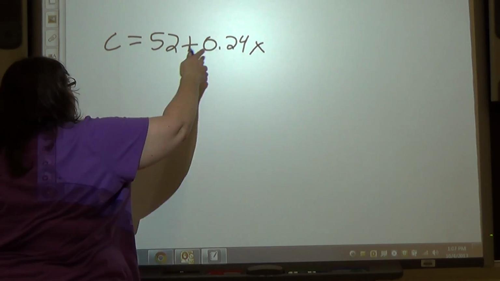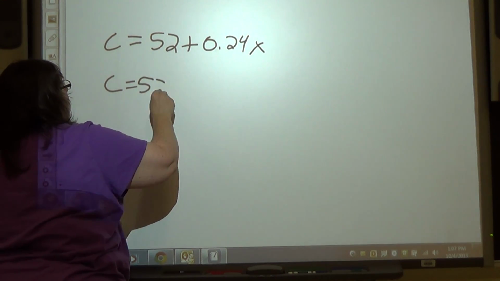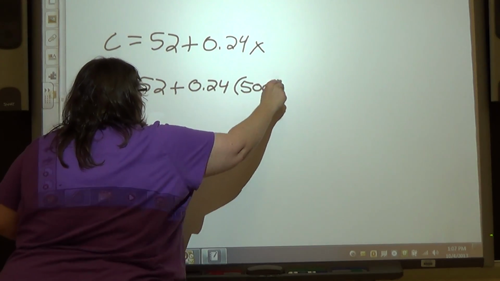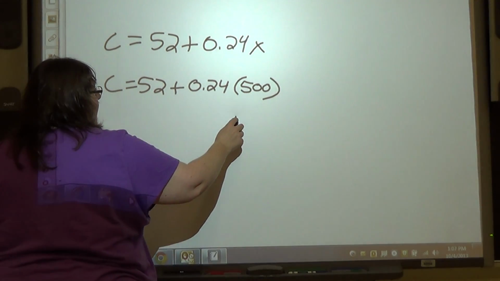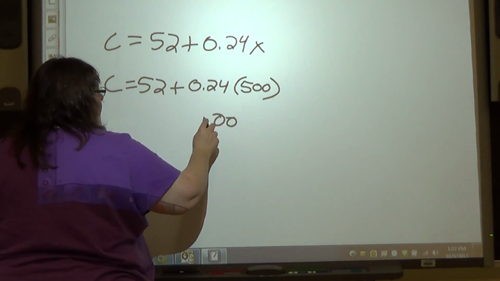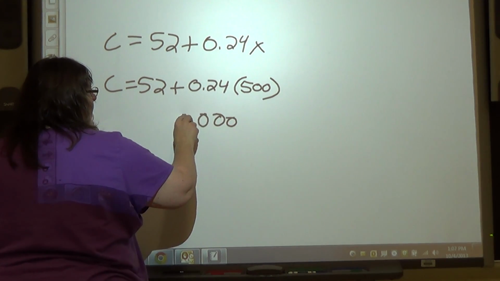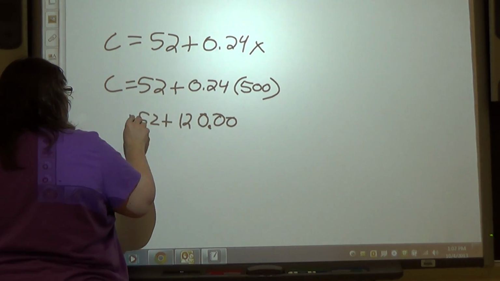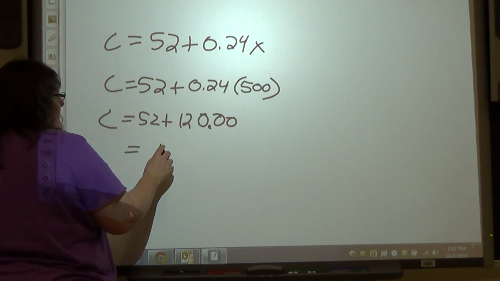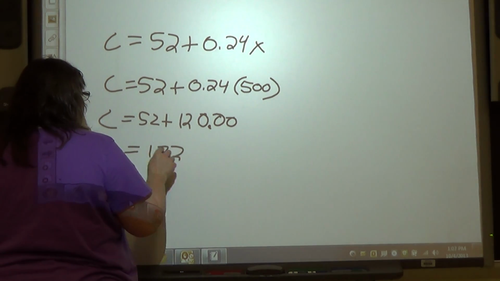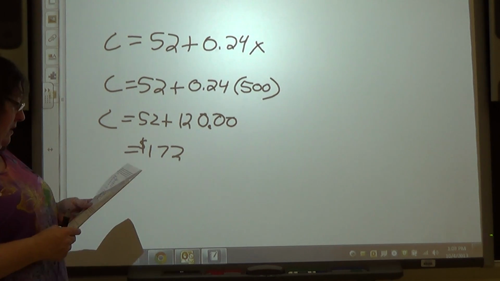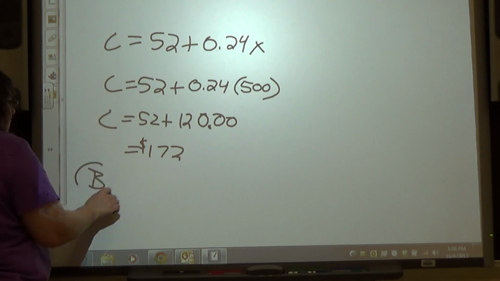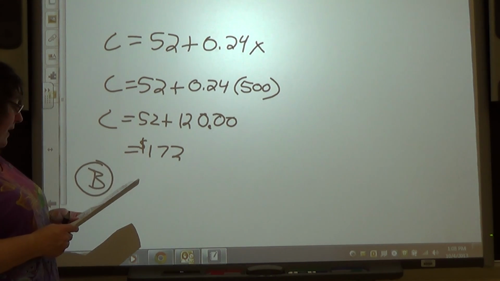So if I put 500 in here, that'll help me find that C, okay? Okay, so we are looking at $172 for 500 things, okay? So that is B. All I needed to do was the 1 and I found it, okay? The next one.